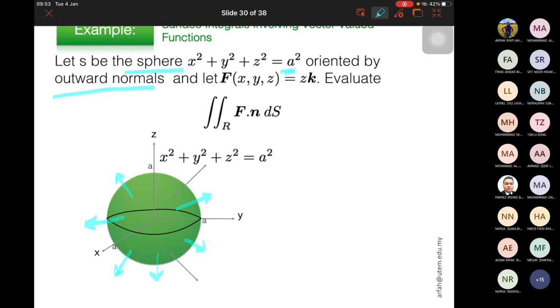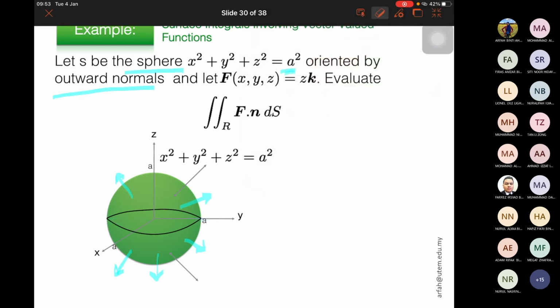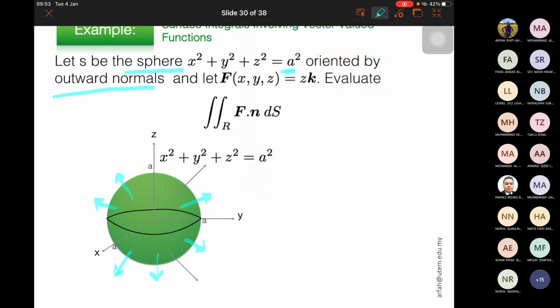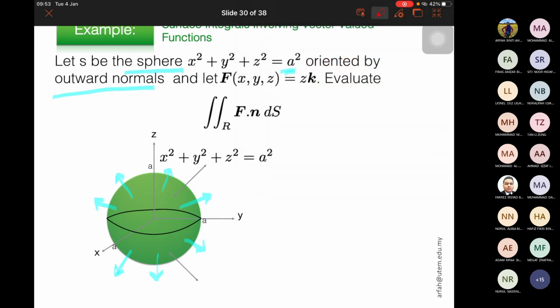So kalau awak tengok ni, kita boleh bahagikan kepada dua. Okay. So yang belah atas, if you take a look into this one, we can divide this one to two sides of the unit normal vector. Okay. So if bahagikan dua, yang belah atas dia akan pointed upward, yang belah bawah dia akan pointed downward.